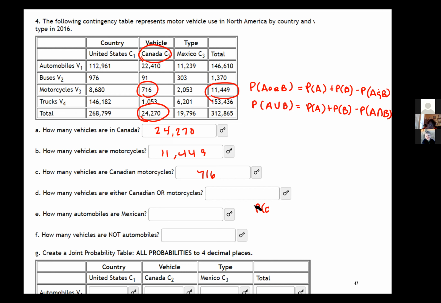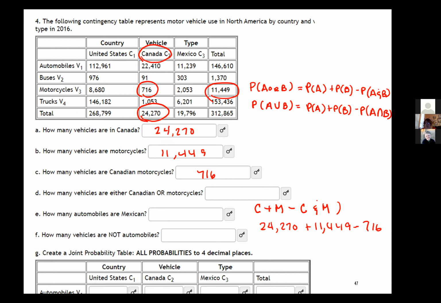So to find how many vehicles are either Canadian or motorcycles, we would find the number that are Canadian plus the number of motorcycles, and we'd subtract off from that the number that are both. So what do we have here? We're going to add the 24,270 and the 11,449, and we subtract off the number that are both. It's not really probability, it's just counts.